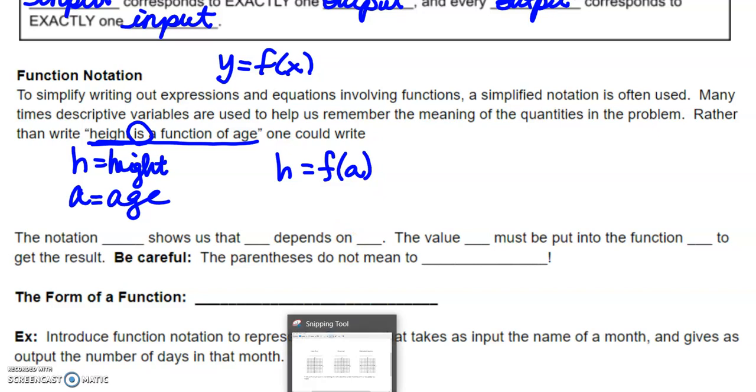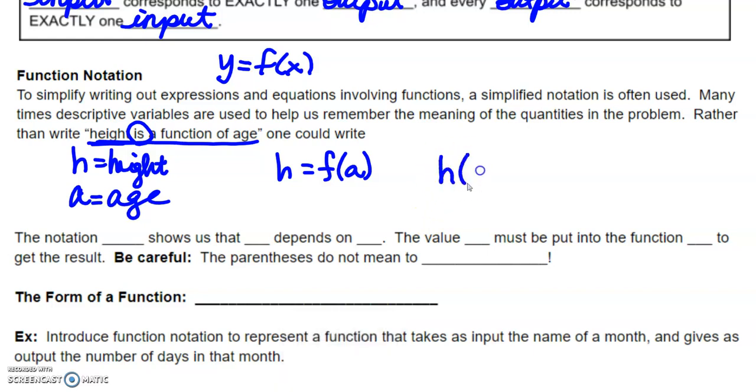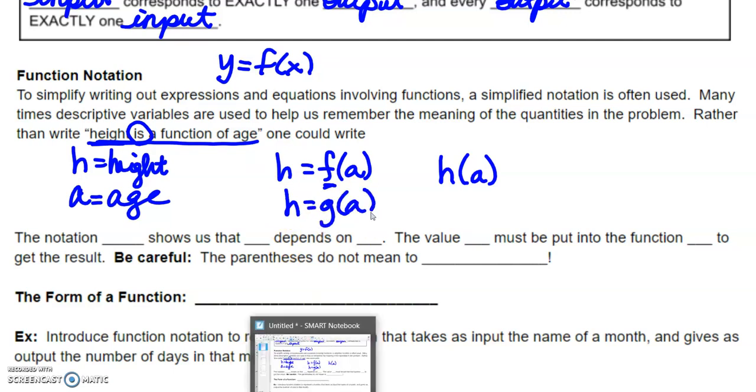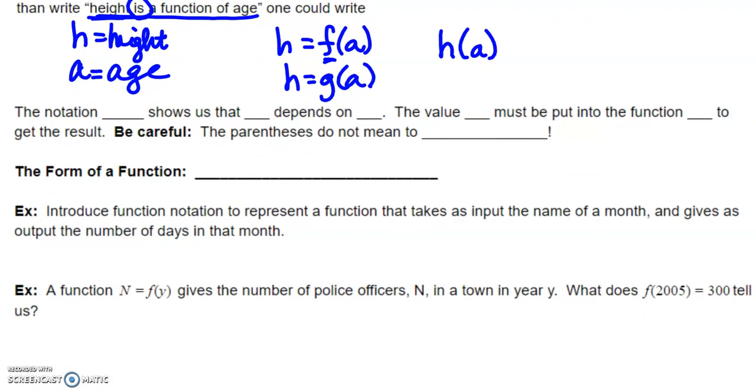So h equals f of a is one way to simplify our notation, but I could also write h of a as another way to write h as a function of a. A, being your input, is always on the inside, and our output is on the outside. Now, this letter f could be interchangeable, so I could write h equals g of a, and it means the same thing. It's just a name for a function. You don't have to have meaning on that specifically.